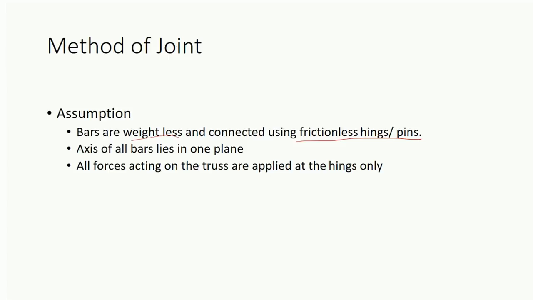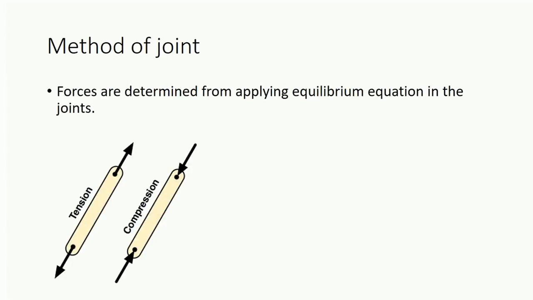So instead of considering the bars, where a bar is connected with the help of a hinge, we are going to consider only the hinge and the force applied to the hinge. So let's go to solve the problem.